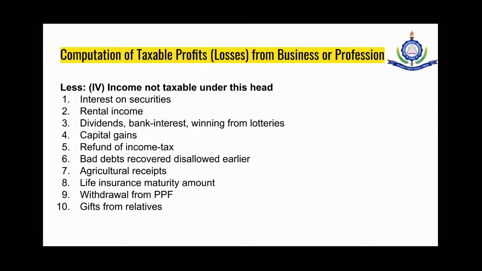First is interest on securities, rental income, dividends, bank interest, and winning from lotteries, capital gains, refund of income tax, bad debts that are recovered but disallowed earlier, agricultural receipts, life insurance maturity amount, withdrawal from provident fund, and gifts from relatives. These are the 10 items that you would have to deduct from the net profit.